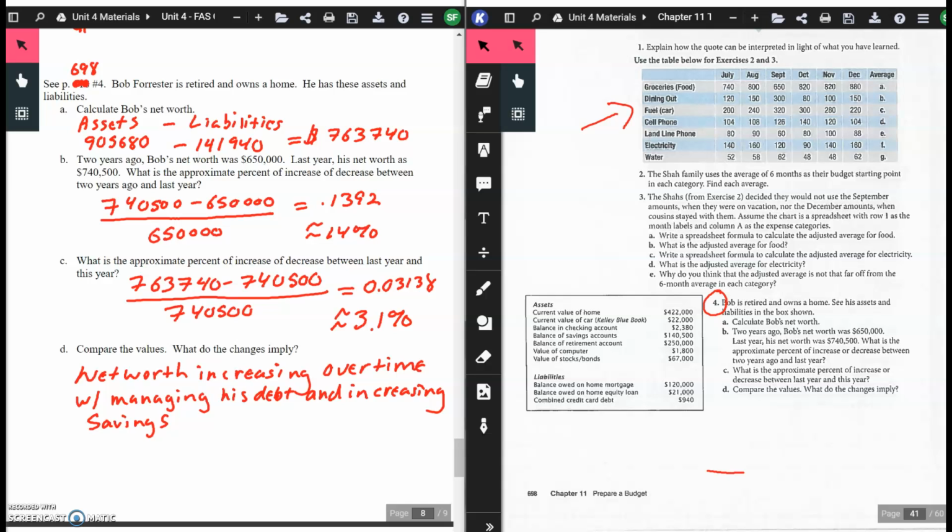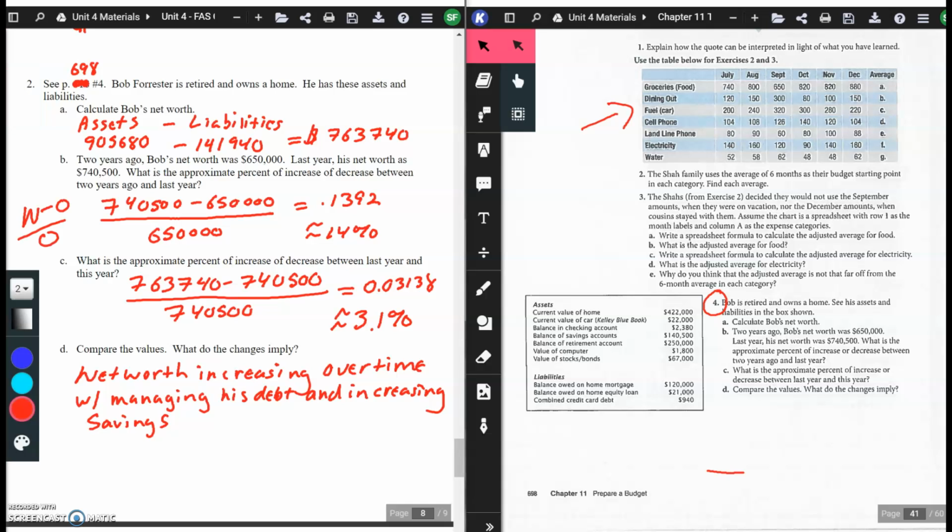So remember, new minus old over old. The new is $740,500 minus the old of $650,000, divided by the old of $650,000. It gives you 0.1392. We're going to round it up because that's for the nearest percent, so that's 14%.